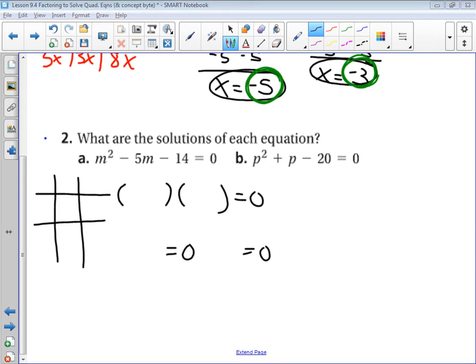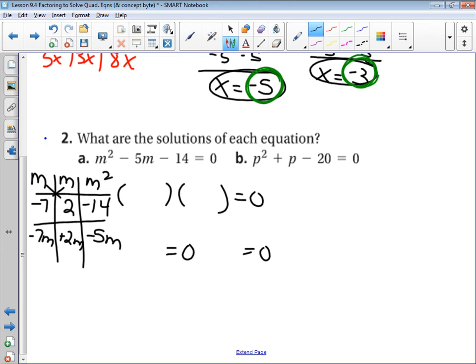Okay, in part A, first thing to do is to factor m squared minus 5m minus 14. So you get m times m is m squared. Negative 7 times positive 2 is negative 14. And when you cross multiply, you get negative 7m plus 2m is negative 5m.